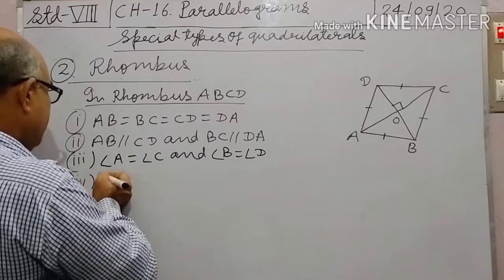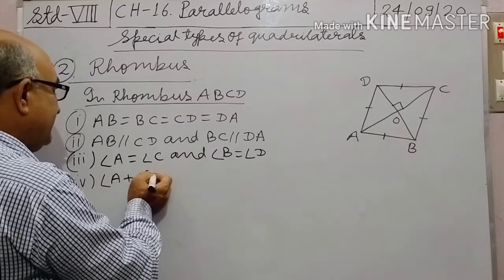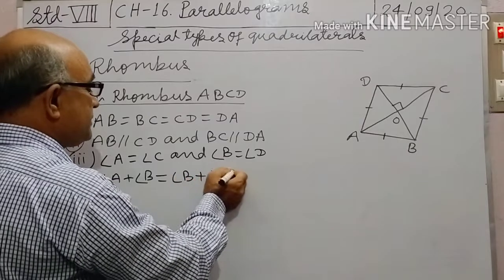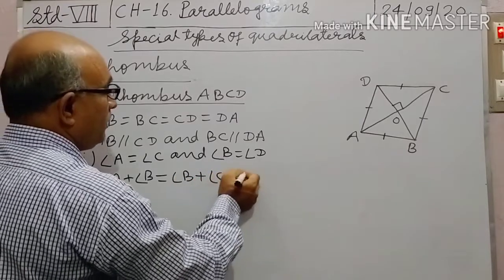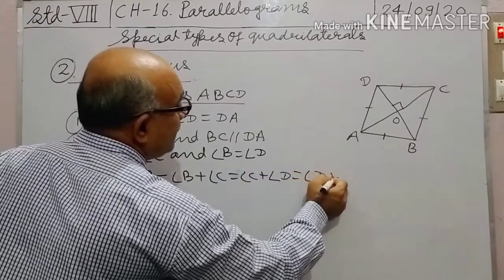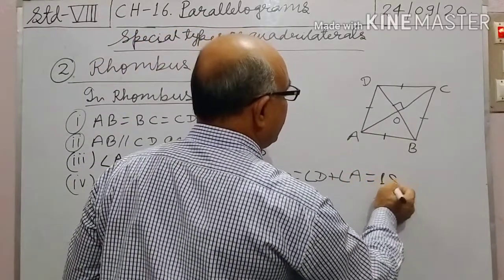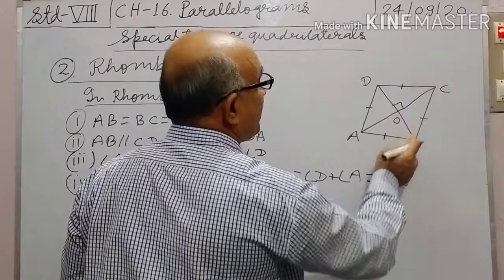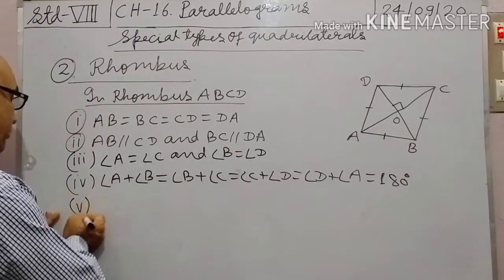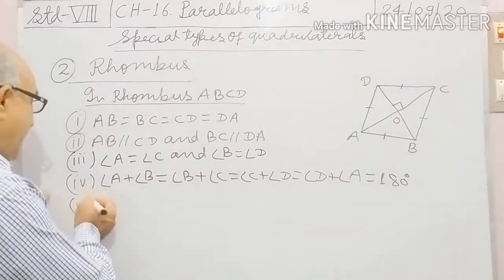Fourth property, the sum of adjacent angles is 180 degrees. Angle A plus angle B equals angle B plus angle C equals angle C plus angle D equals angle D plus angle A equals 180 degrees. These are pairs of co-interior angles. Fifth property, diagonals bisect each other at right angles.